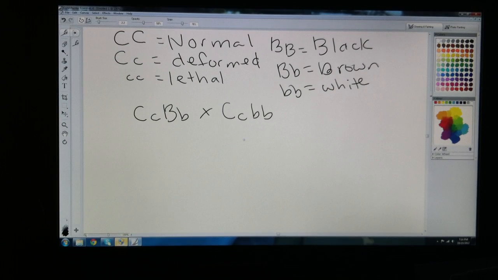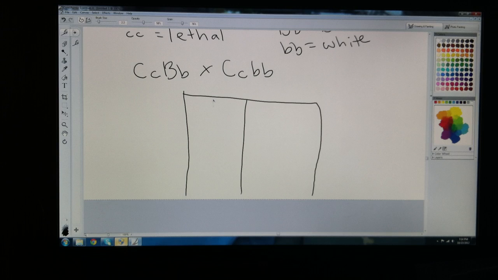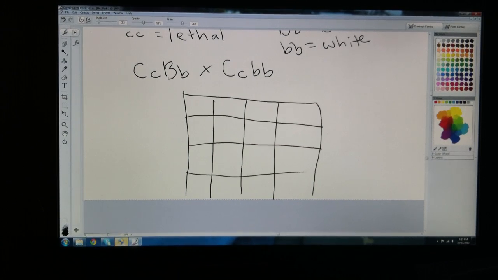So now your job then is to do a dihybrid cross that shows us the possible offspring. So if we set up a dihybrid cross, I apologize for my misproportioned dihybrid cross. So we would take our possible gametes and fill them in along the top for the one parent, and then over on the side.